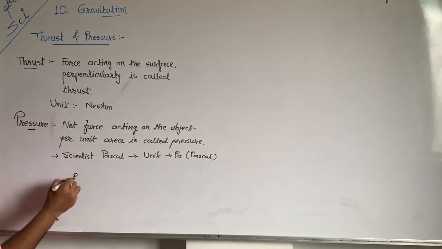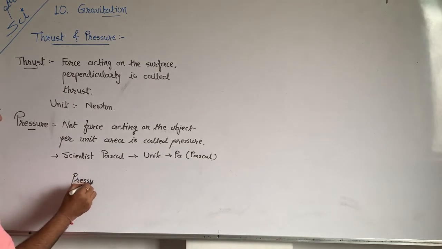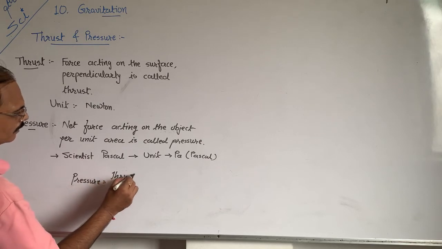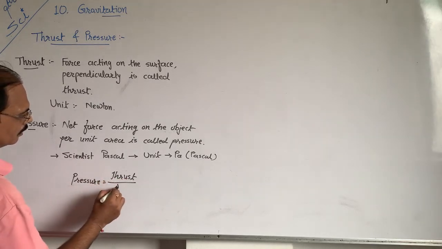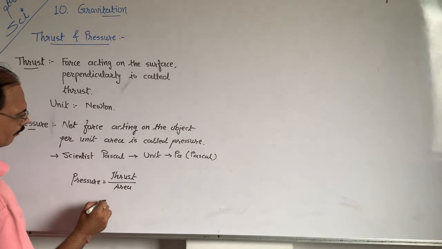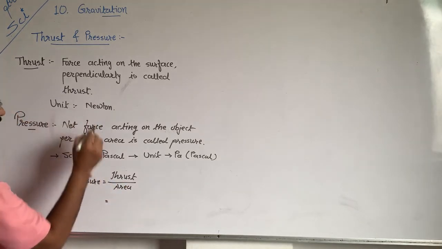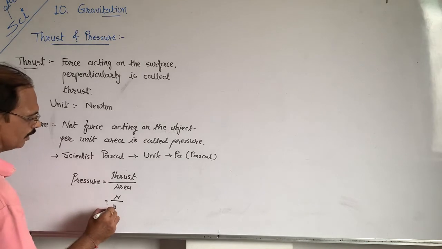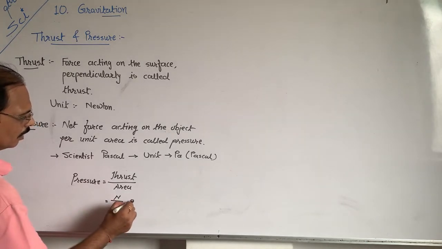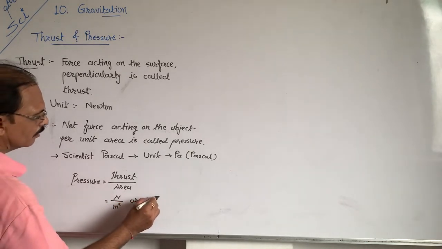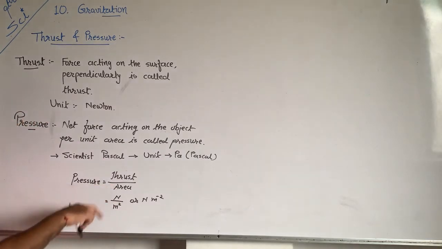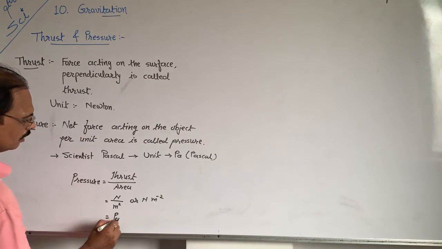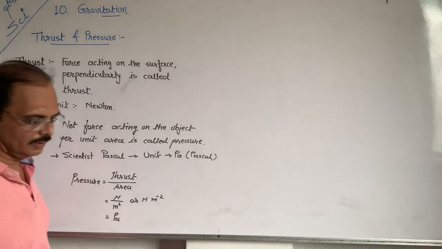So pressure is equal to thrust upon area. Thrust, its unit is Newton. Area of the object is always measured in meter square. Newton per meter square, or Newton meter raised to minus 2, is called Pascal, Pa.